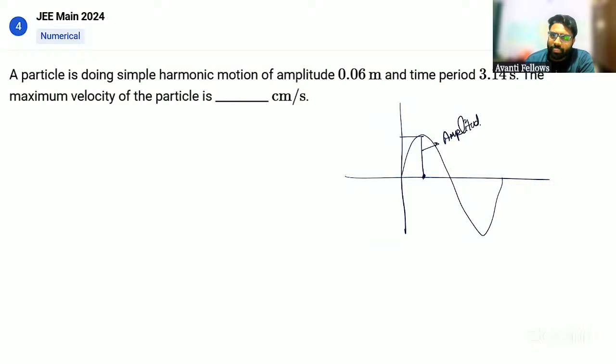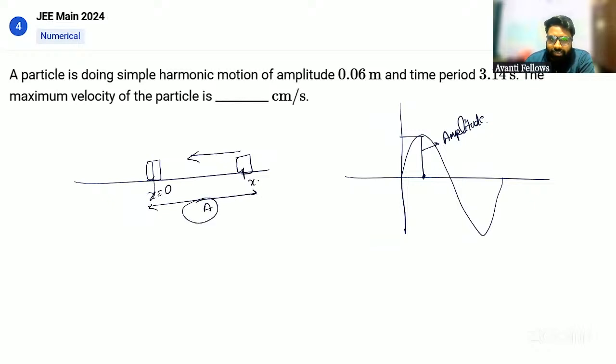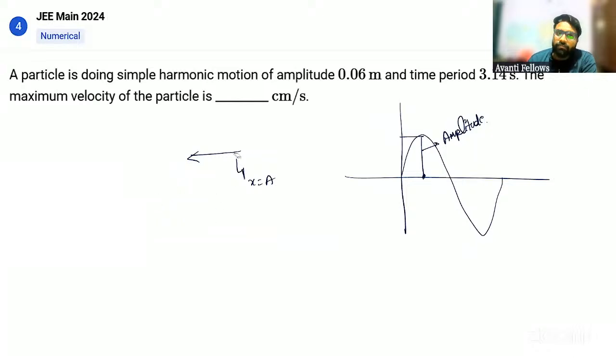If a particle is executing SHM and goes from the mean position, that is x equal to 0, up to here and then turns back, this distance is nothing but the amplitude. The coordinate here will be x is equal to a, which means the maximum displacement that a particle can have in SHM from the mean position is called the amplitude.